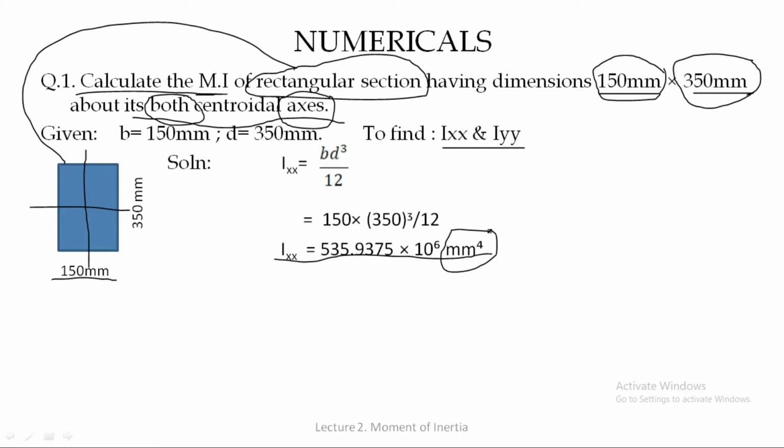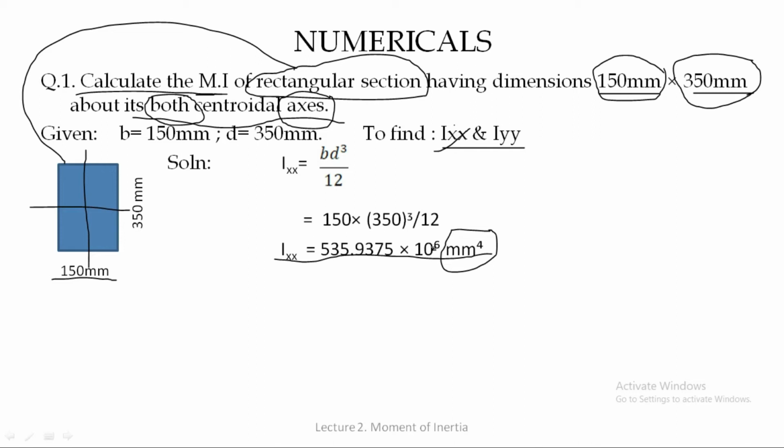Okay, are you clear with IXX? Once again, how do we find IXX? The formula for IXX is BD cube upon 12. The value of B is 150 mm, value of D is 350 mm. Putting those values and dividing by 12, we get IXX as 535.9375 into 10 raised to 6.